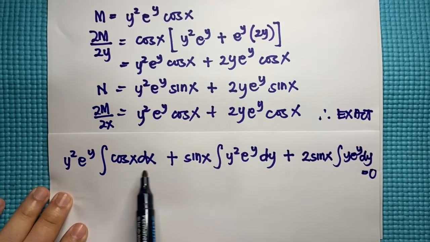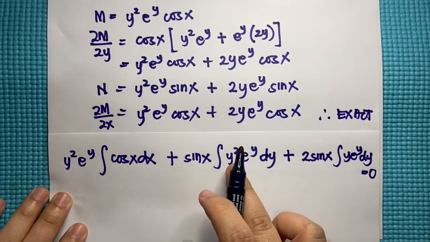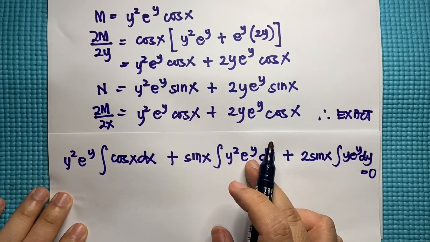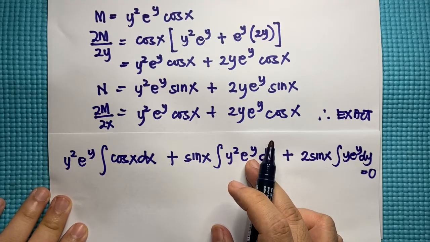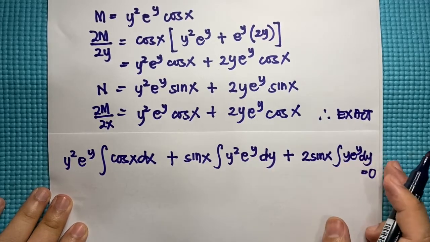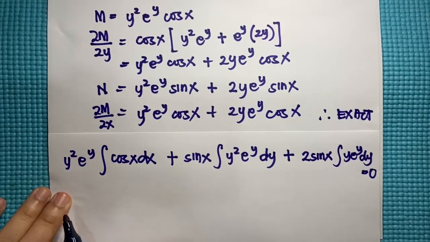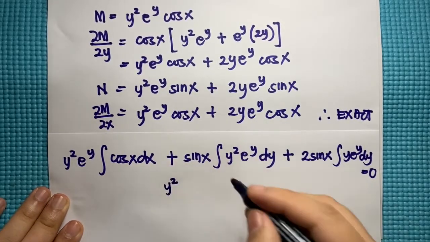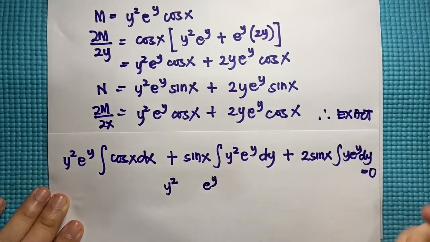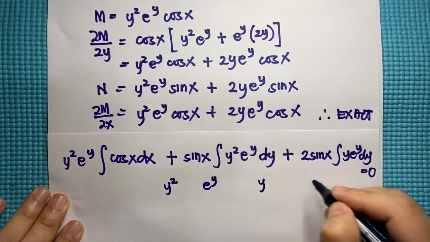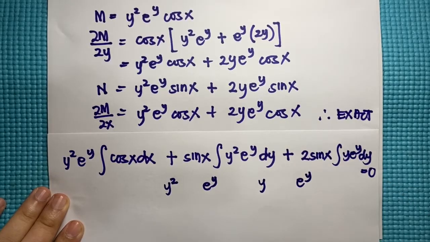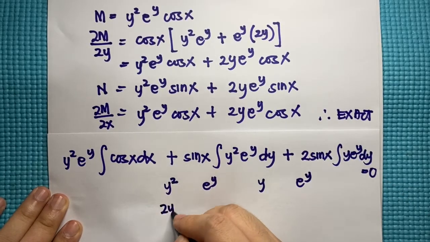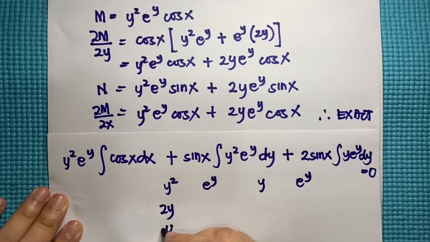So in here, cosine x dx could easily be integrated, but for y squared e^y we could use integration by parts, similar with y e^y, but the easier one would be the tabular method again. So y squared, and then the other one is e^y. For the other one, we have y, and then we have e raised to y. So derivative would be 2y, and then 2, and then we'll have 0.